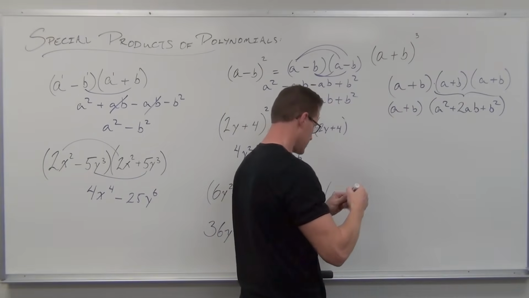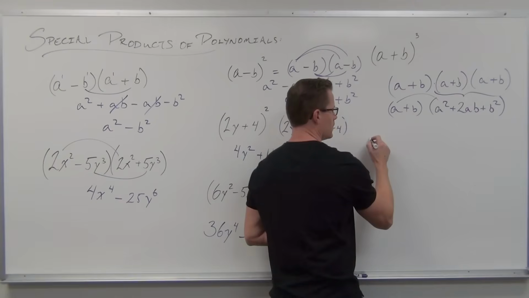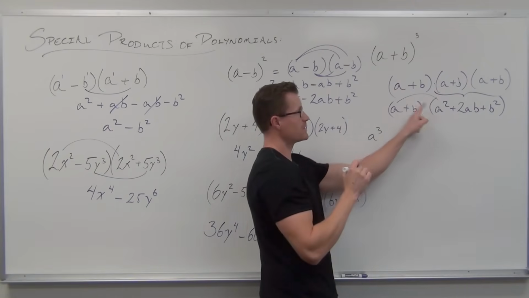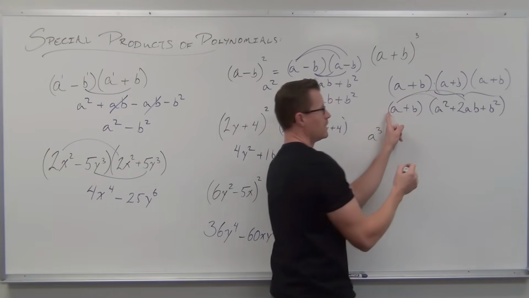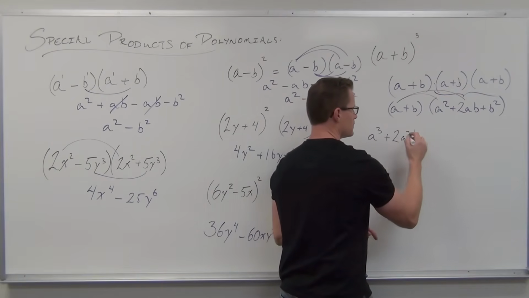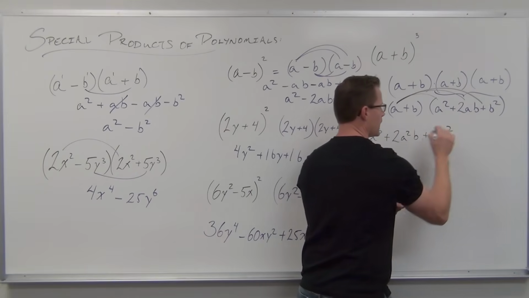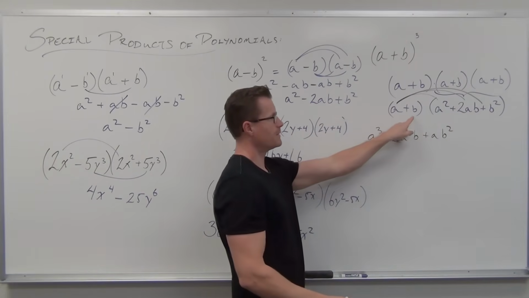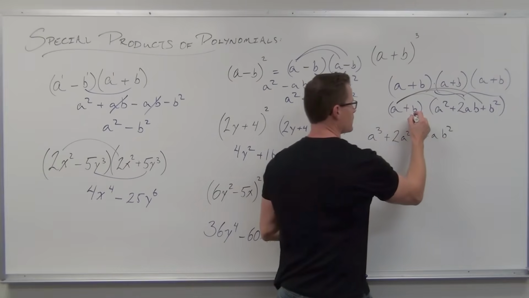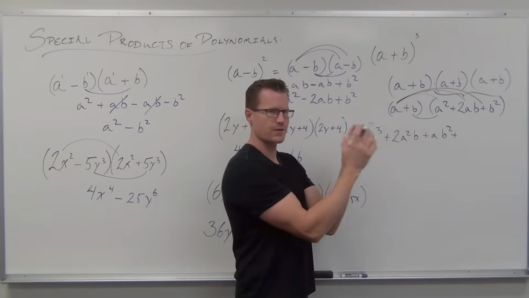So when we do that, there's an A cubed, a 2A squared B, and an AB squared. Then I have my second term distributing through. I always write my terms in alphabetical order, so those factors are alphabetical.